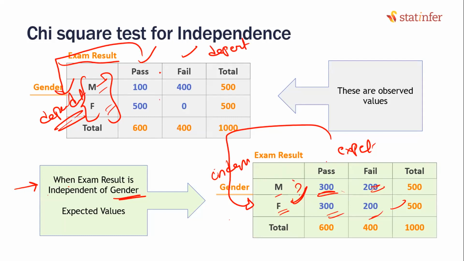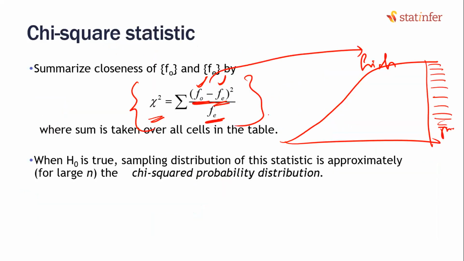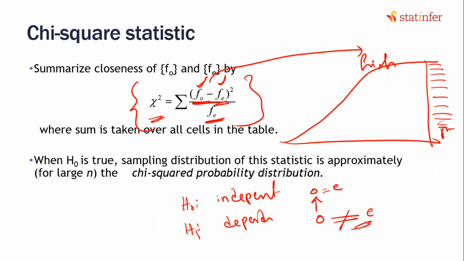If observed is close to expected, then independent. So in the chi-square test, the null hypothesis is independent, that means your observed values are equal to expected values. Observed means whatever we got in the result. Dependent is the alternative hypothesis, that means whatever you observed is not equal to whatever you expected.